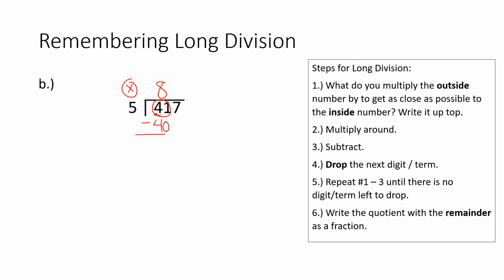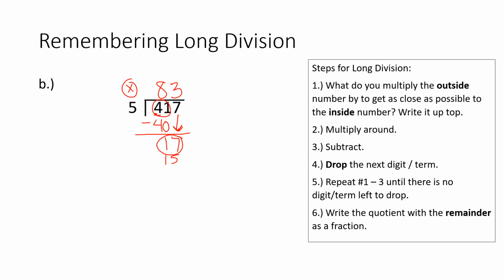And if we subtract here, the difference is 1. 41 minus 40 is 1. I have that 7 left over, so I'm going to drop down that next digit. I'm going to bring down the 7, and I'm going to repeat this whole process over again. I want to know how many times does 5 go into 17? Basically, what can you multiply by to get as close as possible to 17? That would be 3. 5 times 3 is 15.